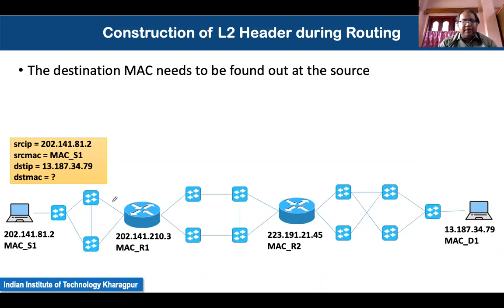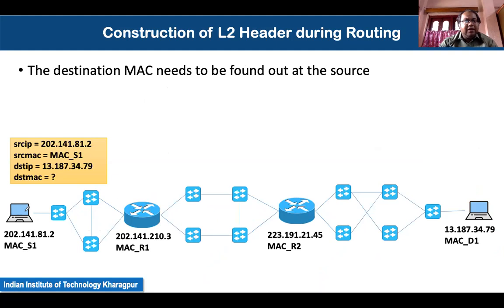So here is an example where I have two different nodes, S1 and D1. They have different IP addresses. The MAC addresses I have just shortened as MAC_S1 and MAC_D1. And there are intermediate routers, and those routers have IP addresses and the corresponding MAC addresses, MAC_R1 and MAC_R2.